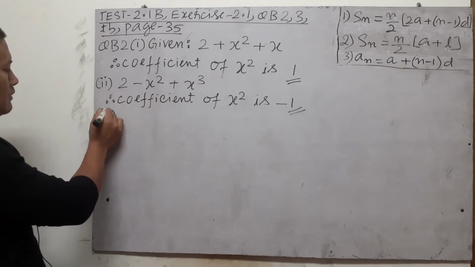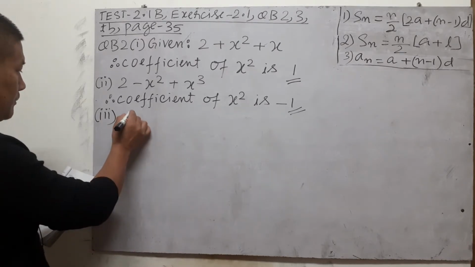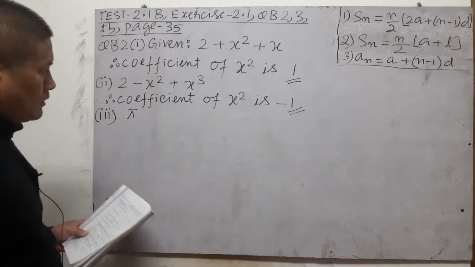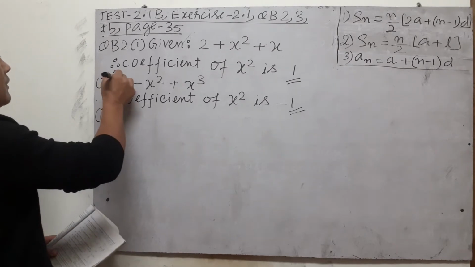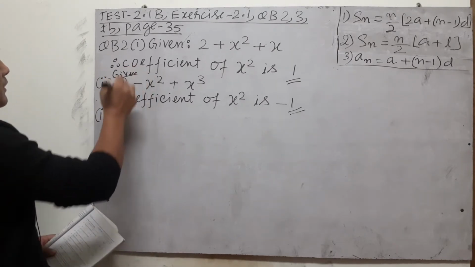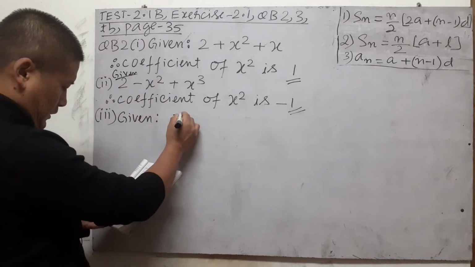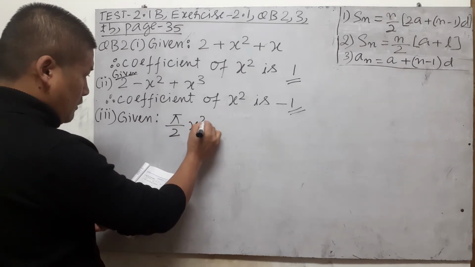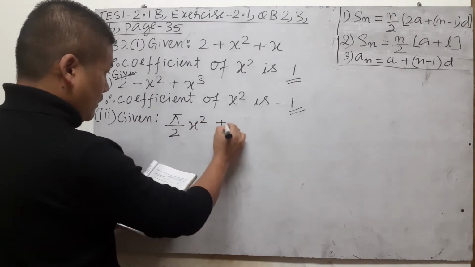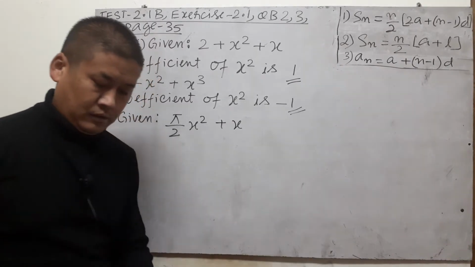The third one here, pi by 2 x squared plus x. Given. You can write here given if you want, and then here also given to us, therefore pi by 2 x squared plus x, this much only.